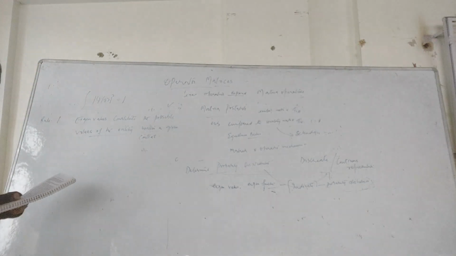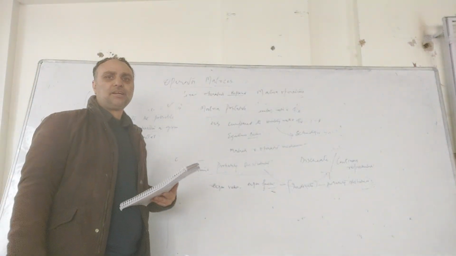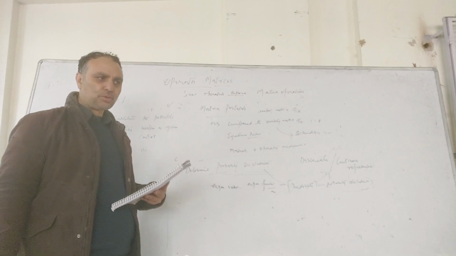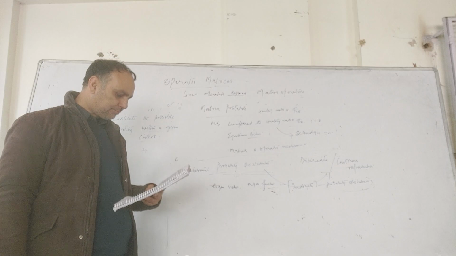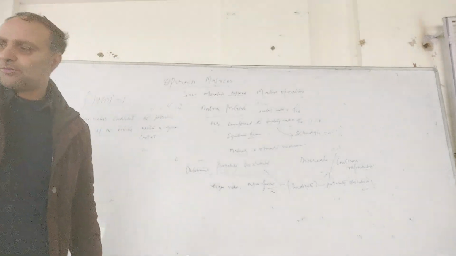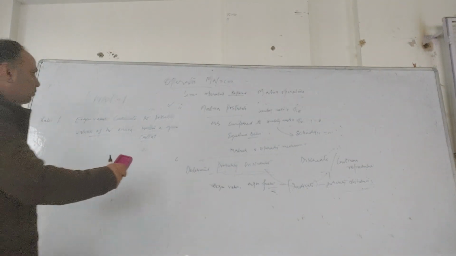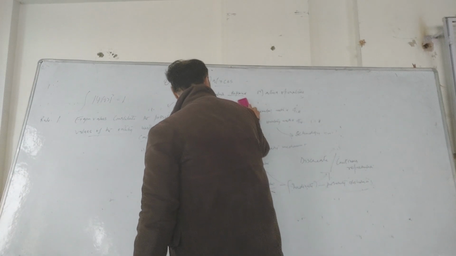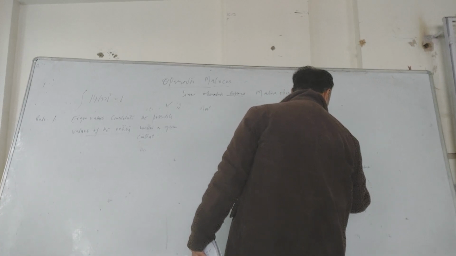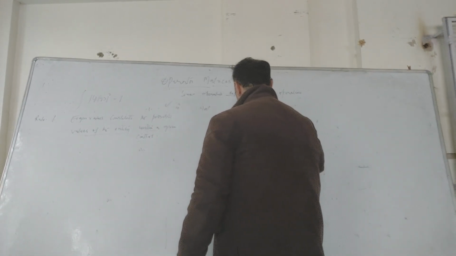The context may be, for example, Bohr's particular view of a defined probability. So this is rule one.